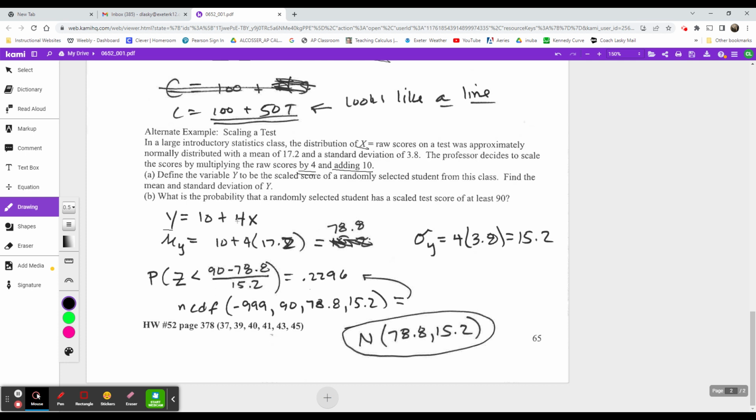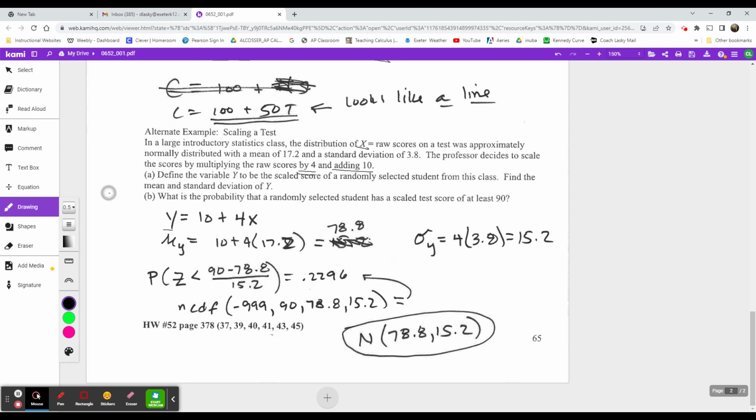So then at that point, we know that the mu is 10 plus 4 times 17.2, which is equal to 78.8. And that is my new mean for the scaled test score. And then my standard deviation, the 10 doesn't affect it, because part of the linear transformation is the 10 doesn't affect the standard deviation. So the standard deviation is just 4 times 3.8, which is 15.2.